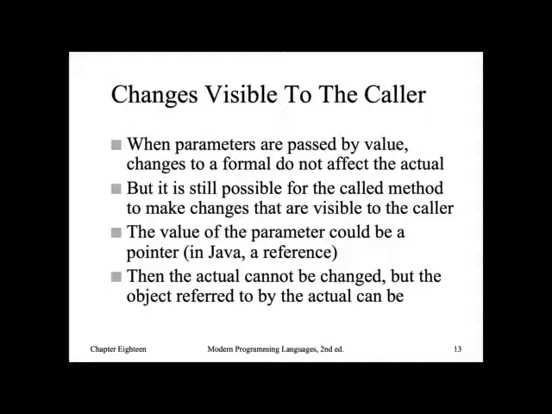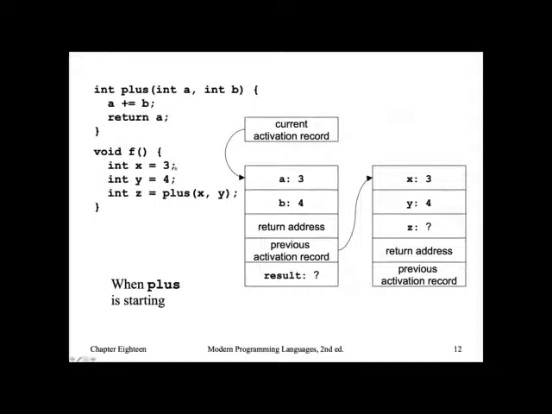But the question is, back to bullet number 1, I pass parameters by value, and the changes to a formal parameter don't affect the actual parameter. What that means is, let me back up over here. If I call this thing here, and there are some changes to the formal parameters, like right here when I go a plus equals b and I return a, that's not doing anything to x and y out here, right?